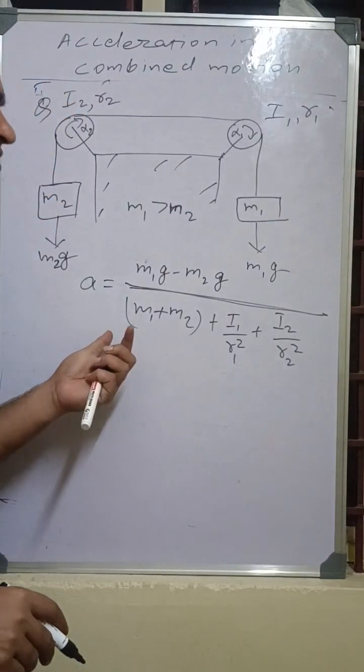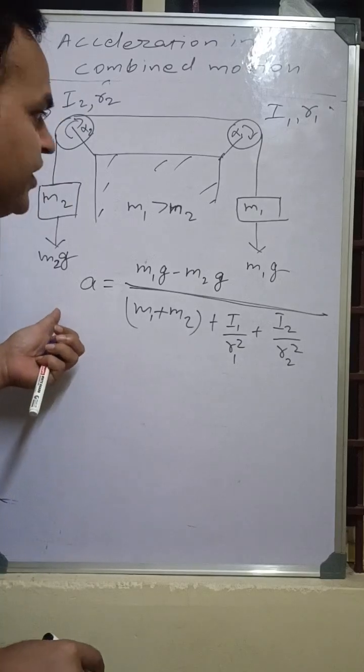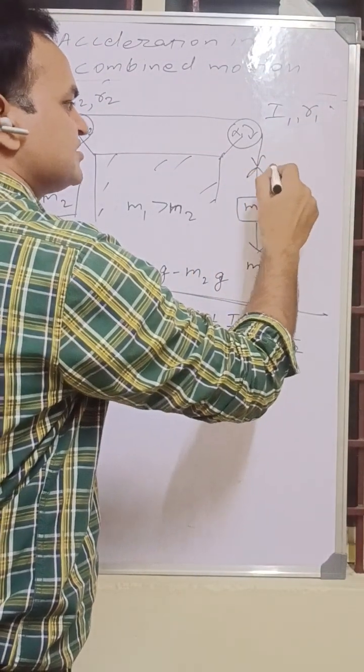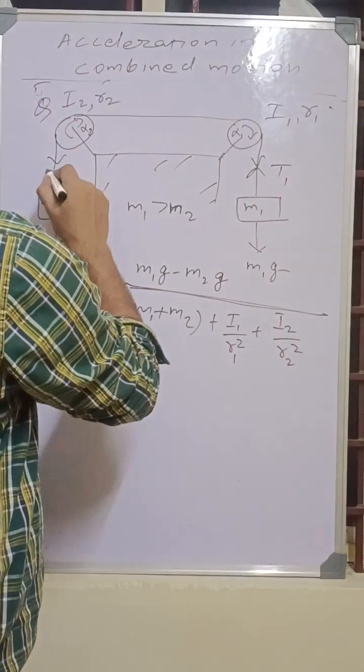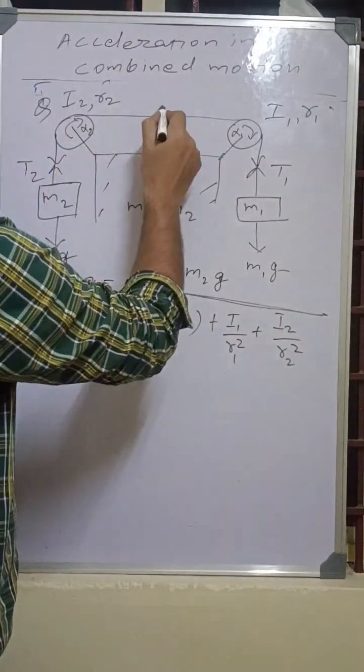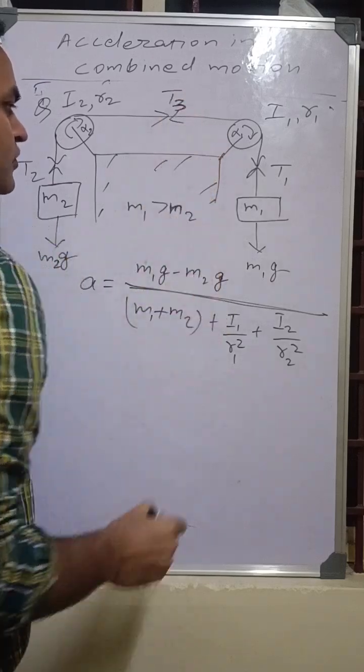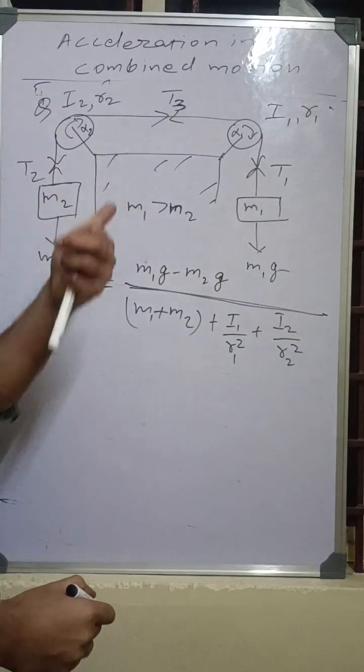After getting acceleration value A, you can easily calculate the tensions. Suppose here the tension is T1, here the tension is T2, and here the tension is T3. So we can also calculate the tensions T1, T2 and T3.